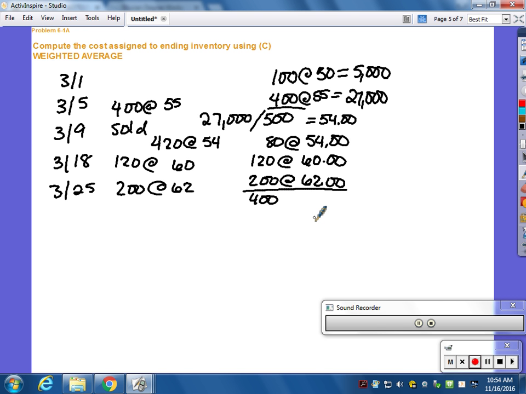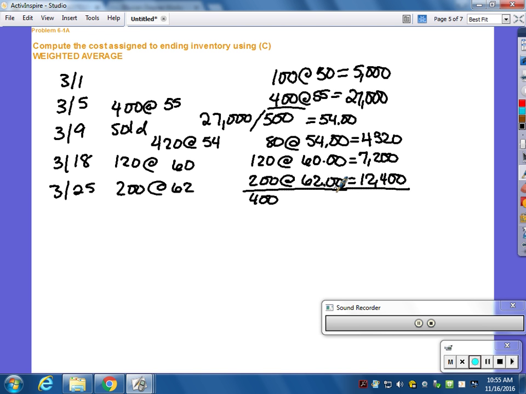And 80 units times $54 equals what? $4,320. 120 times 60, 7,200. 200 times 62, $12,400.